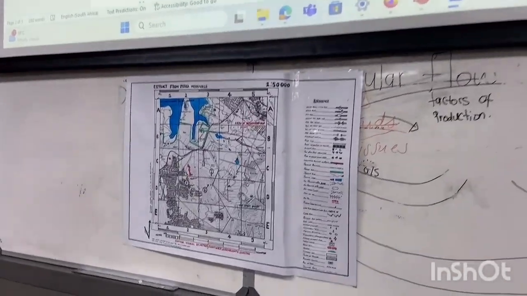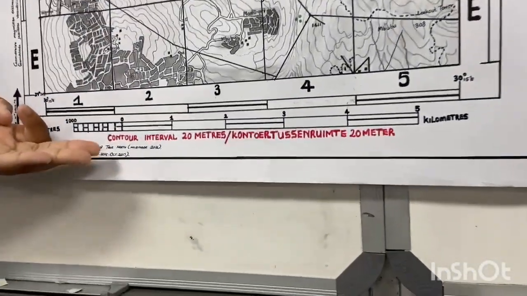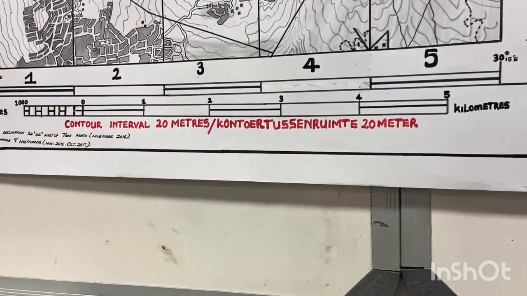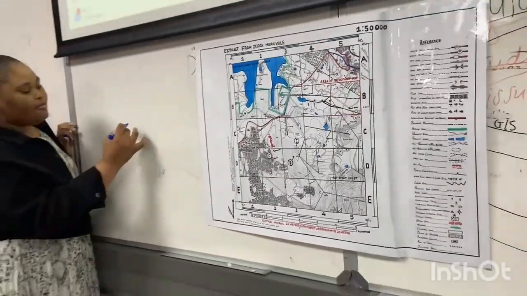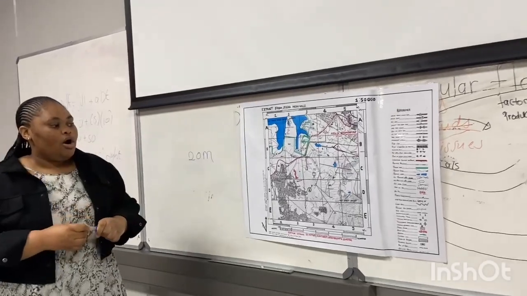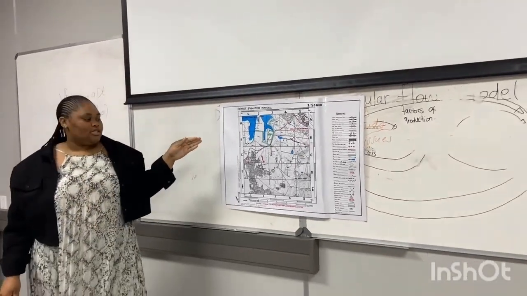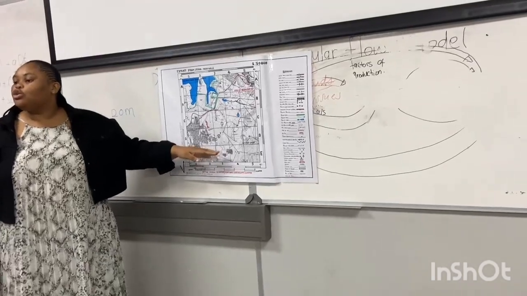It's usually noted in the map legend. So here, grade 9, have a look. Already you have been given a contour interval. What is the contour interval you have? We have 20 meters, right? Yes. Exactly. So how can we find the 20 meters? The 20 meters is called the difference between the contour lines.